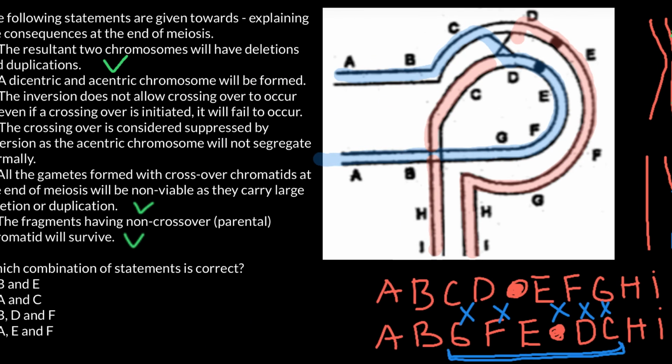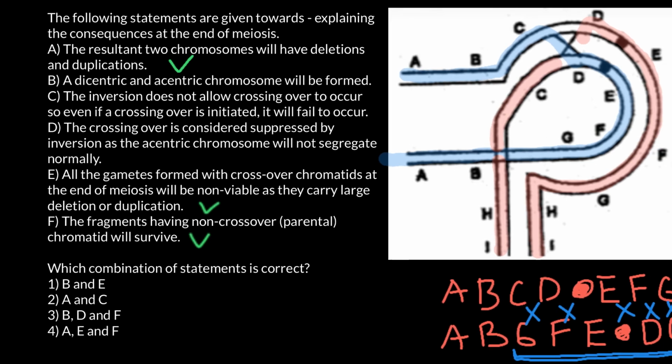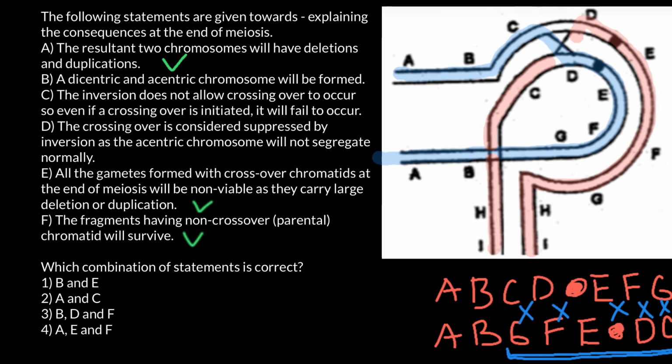So this is also a correct statement. And now we can choose the correct answer, and as you see, the correct answer would be answer 4. A, E, and F are correct statements.